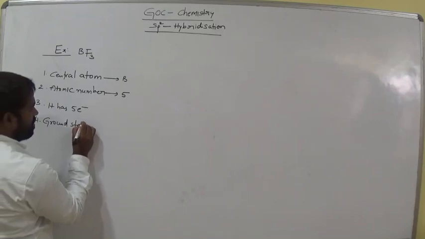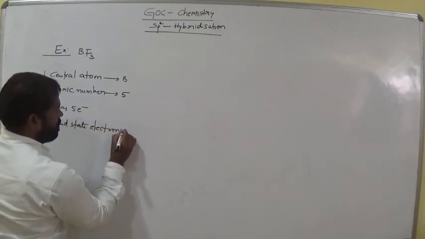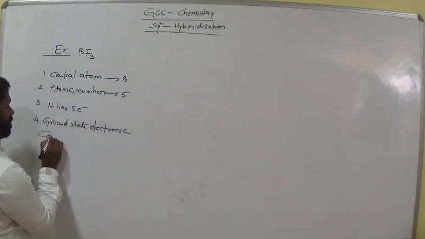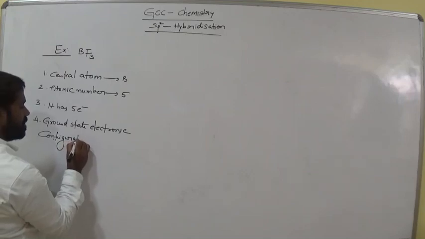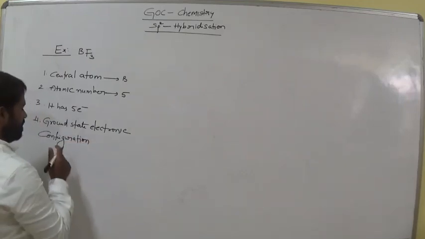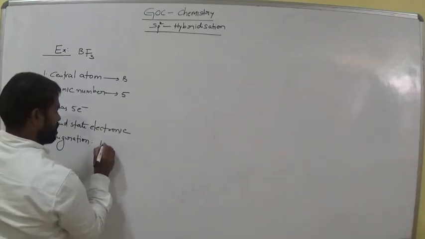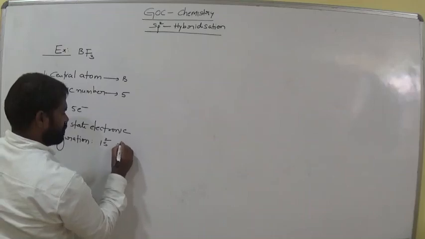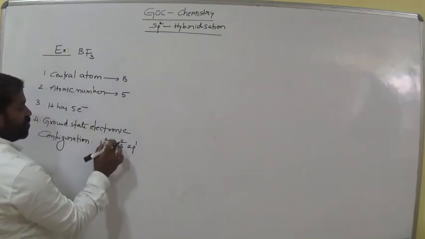Ground state means low energy level, remember this. The electronic configuration is 1s2, 2s2, 2p1. Total 2 plus 2, 4, plus 1 is 5.